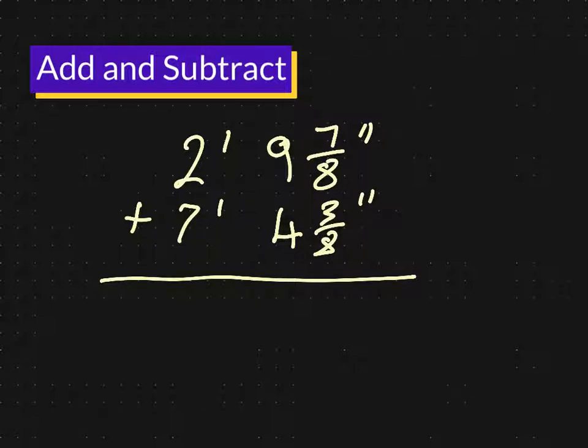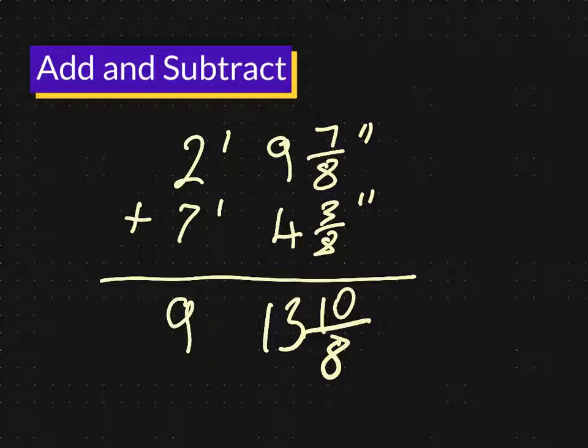And we already have a common denominator, so we have 8. So we're going to add the fractions. 7/8 plus 3/8 is 10/8. Then we add 9 and 4 is 13. Then 2 feet and 7 feet is 9 feet.